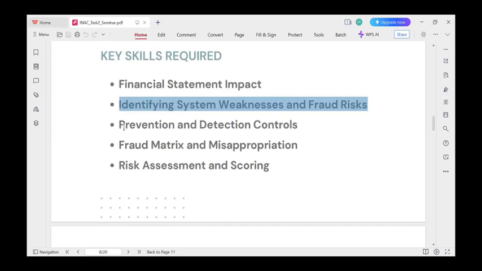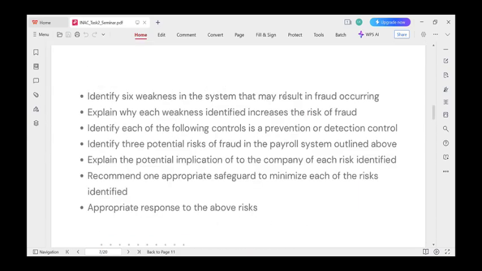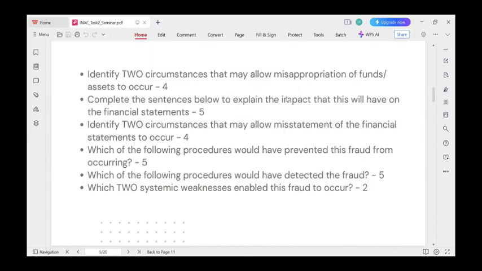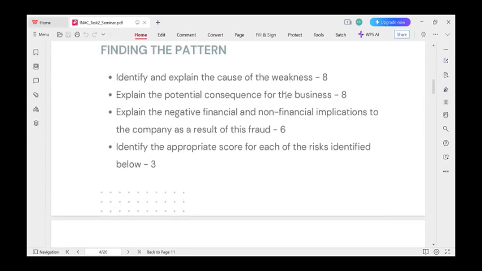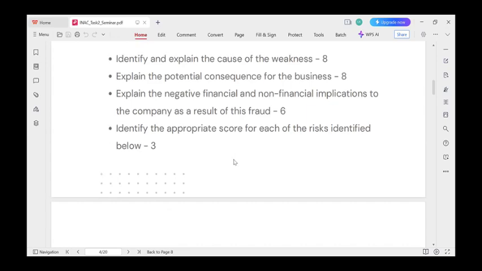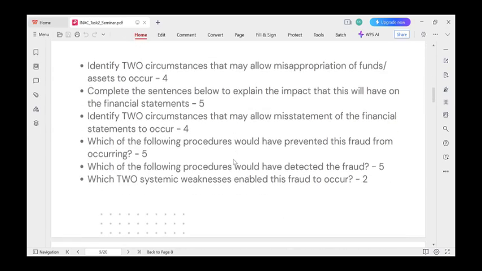Now, another skill that we require for answering our task 2 is prevention and detection controls. So let's see how many times this is questioned in the exams. So consequences for the business. All right.